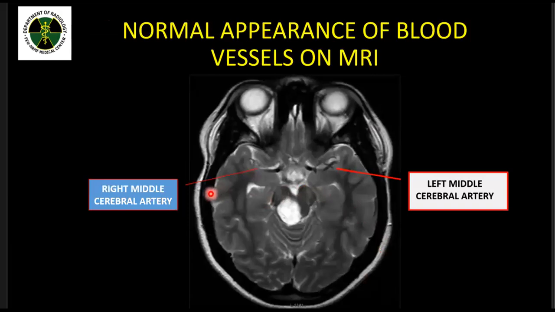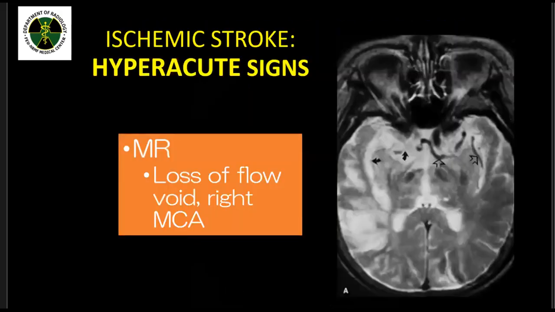For MRI, here's the normal blood vessel. For the hyperacute sign in MRI, there's a loss of flow void in the right MCA. Usually this is what we call the loss of flow void, and here is the abnormality seen in the right.